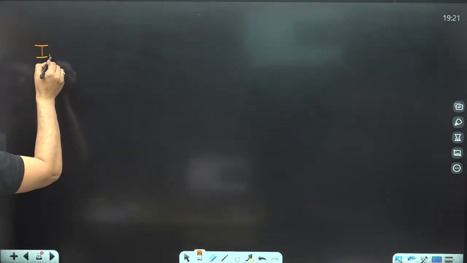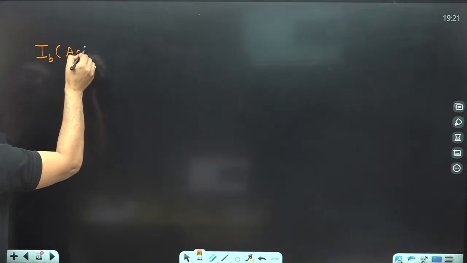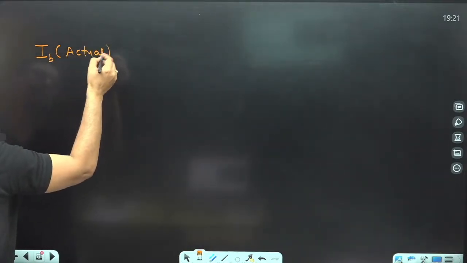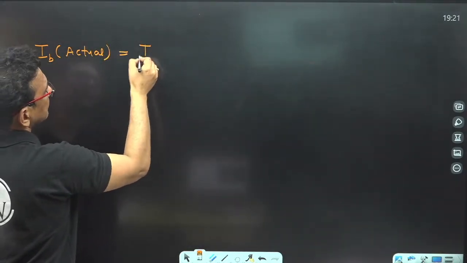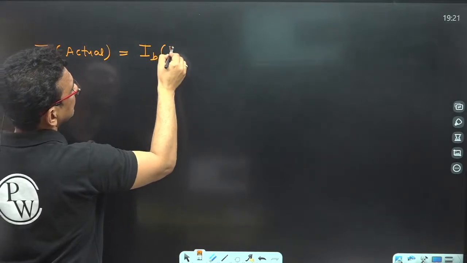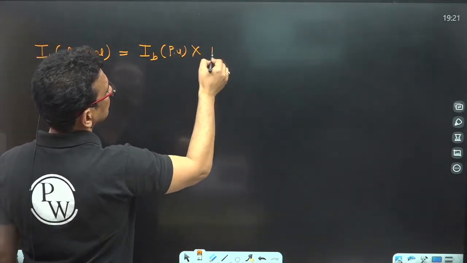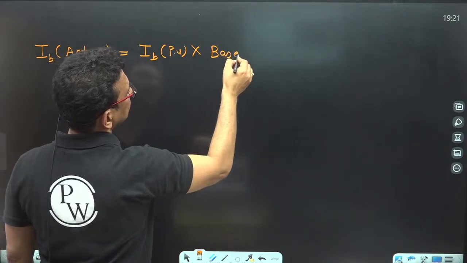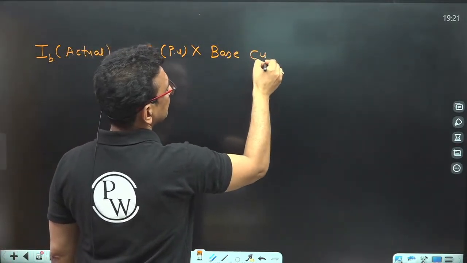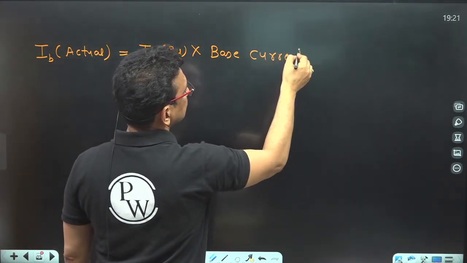So IB actual quantity is the IB pu quantity into the base current. Just multiply the pu quantity with the base quantity.